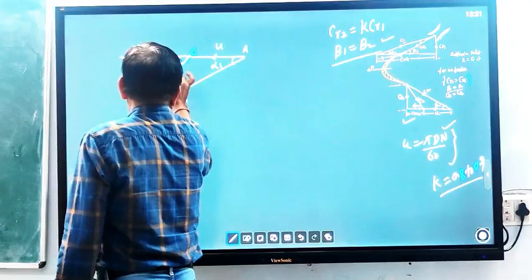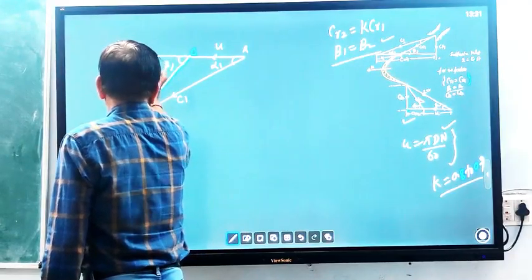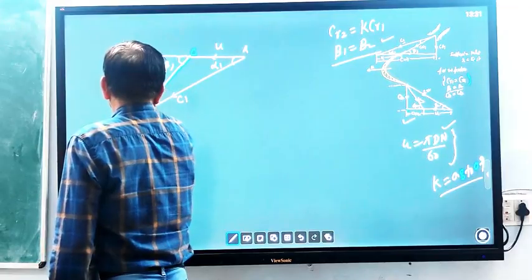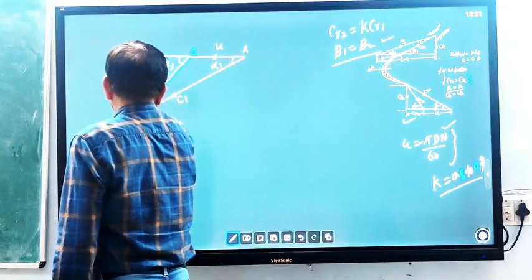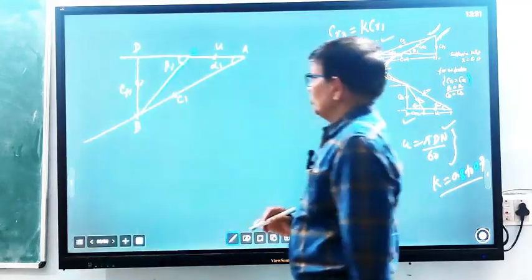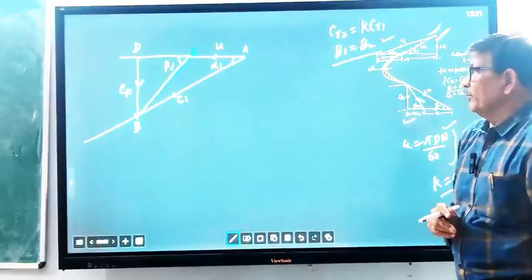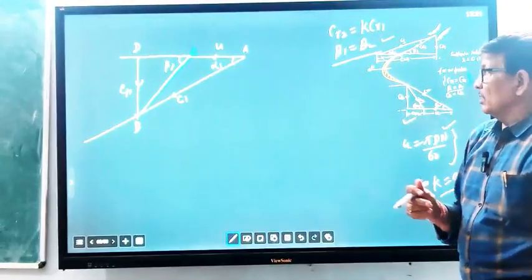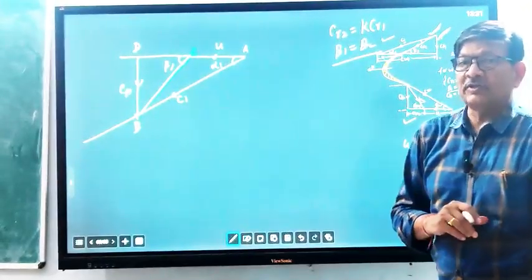This angle is beta 1, and draw the vertical line CD, this is CF1. So now you get the inlet velocity triangle.